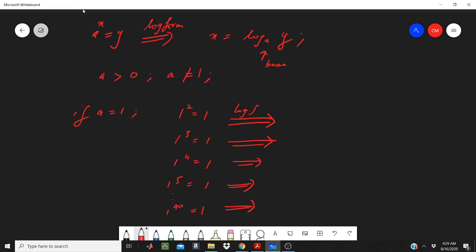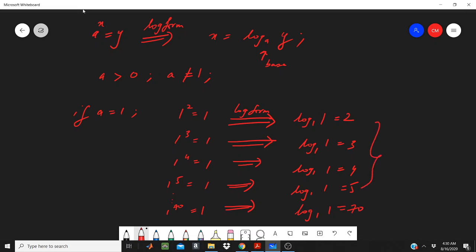So in log form, this is just log base 1 of 1 equals 2, log base 1 of 1 equals 3, log base 1 of 1 equals 4, log base 1 of 1 equals 5, log base 1 of 1 equals 70.